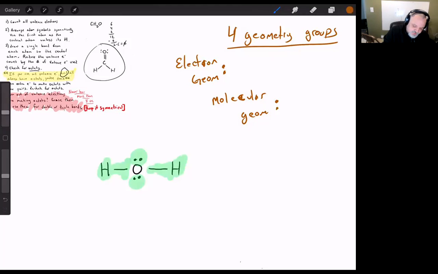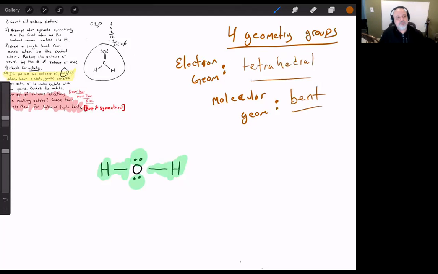So what's the electron geometry? It's tetrahedral. But what's the molecular geometry now? 2 of them are lone pairs, so only the atoms. What's the shape that only the atoms make? Bent.